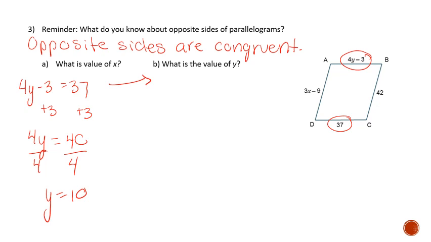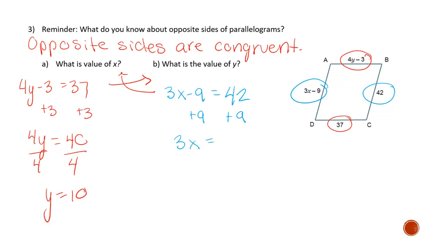That actually solves for question B. I did this a little bit backwards, but that's okay. We're now going to solve for x, and 3x minus 9 has to be equal to 42 because we have a parallelogram. So 3x minus 9 will equal 42. I'll need to add my 9 to both sides. 3x equals 51.